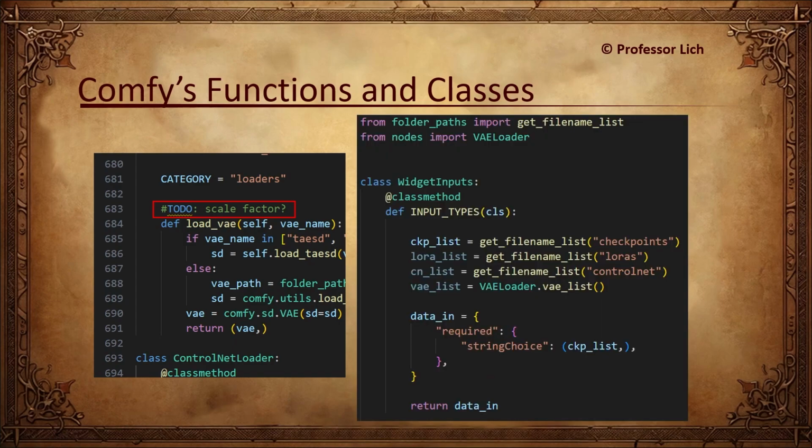To play it safe, my best advice is to import VAE loader class as shown here, and once you've done that, use VAE list method from within the class as I am showing here, because this is how the developer is getting his lists of VAEs in their node. Look, maybe using get file name list would work.